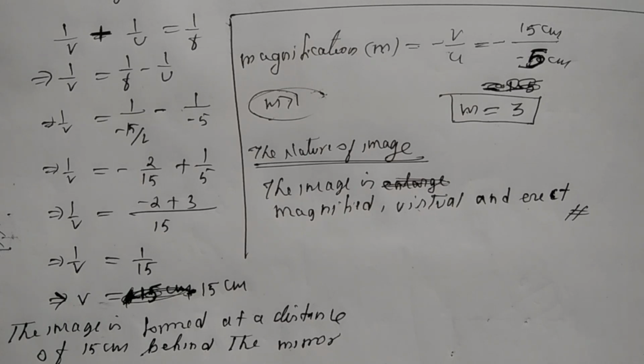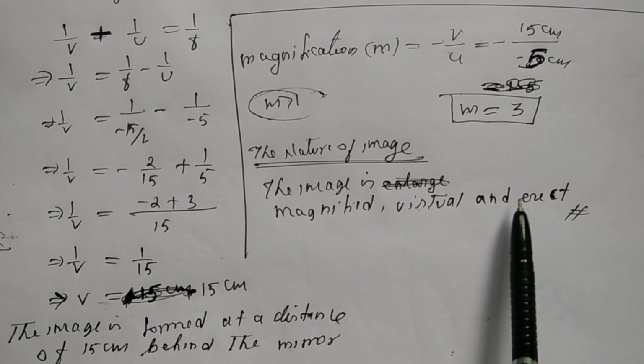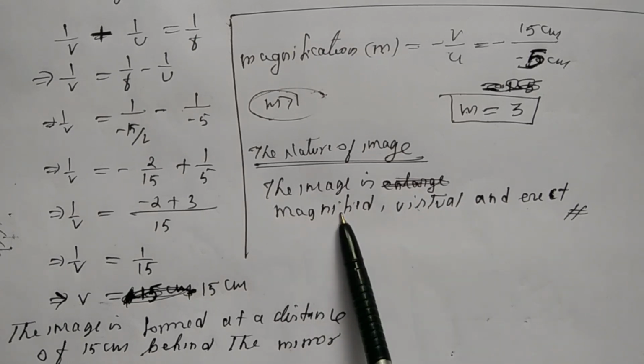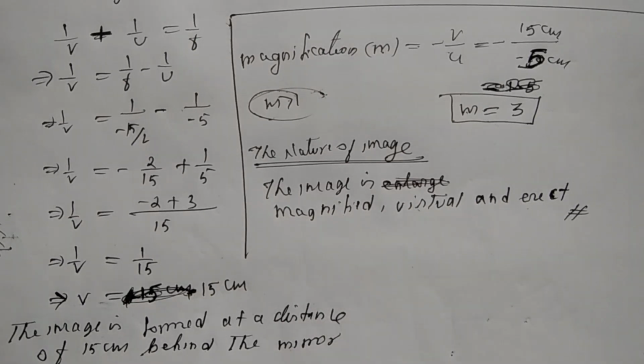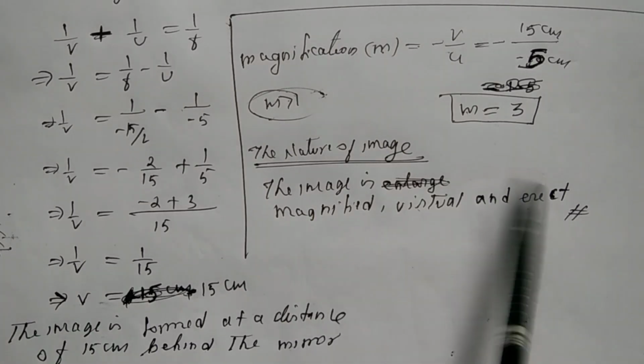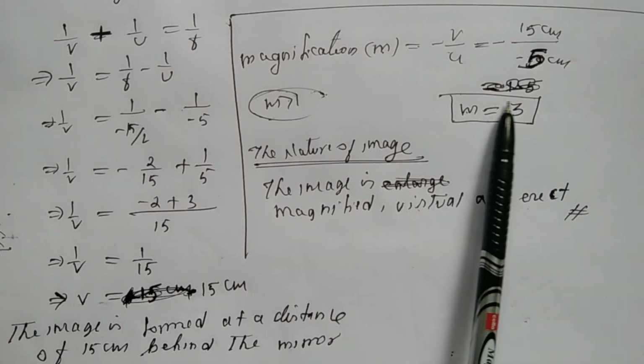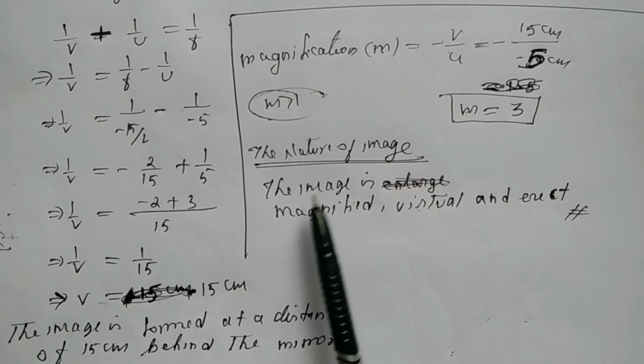Keep this point in mind, okay? Negative means it is real and inverted. Positive means it is virtual and erect, and magnified or diminished, how can we check? We can check from the magnification. If m greater than 1, that means it is magnified.